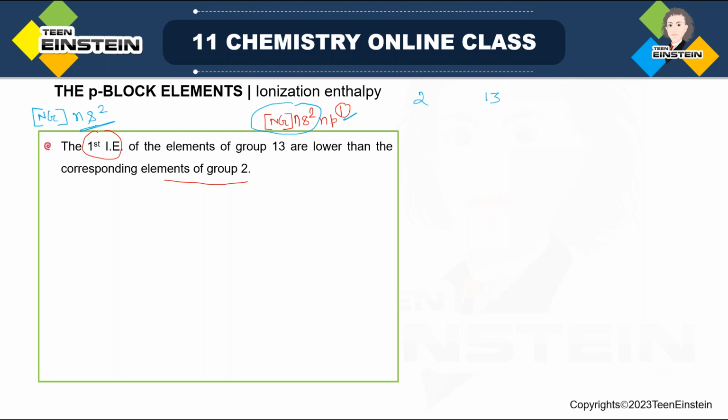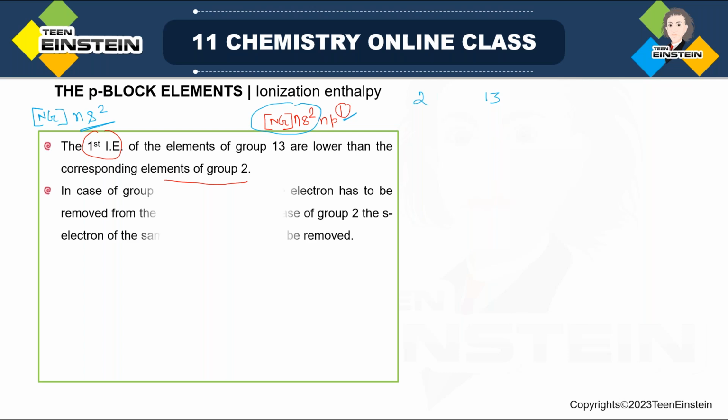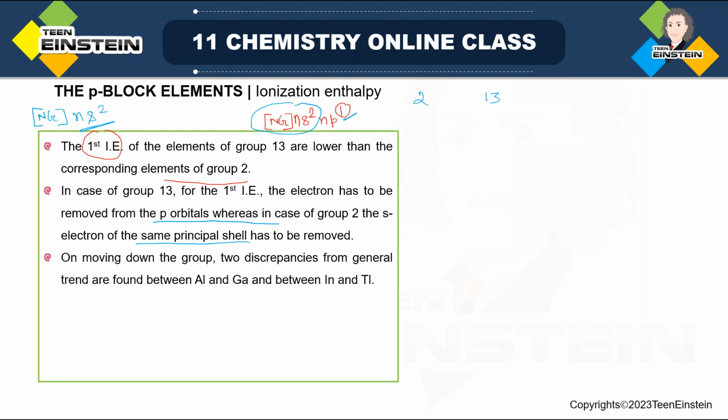So that is why, if you compare the first electron removal for group 2 and group 13, obviously for group 13 it is easier. So that is why the IE value is lower. Okay. So in case of group 13, for the first ionization energy, the electron has to be removed from the p orbital. But in case of group 2, the s electron of the same principal shell has to be removed, which is a more energy requiring process. So this is the explanation.